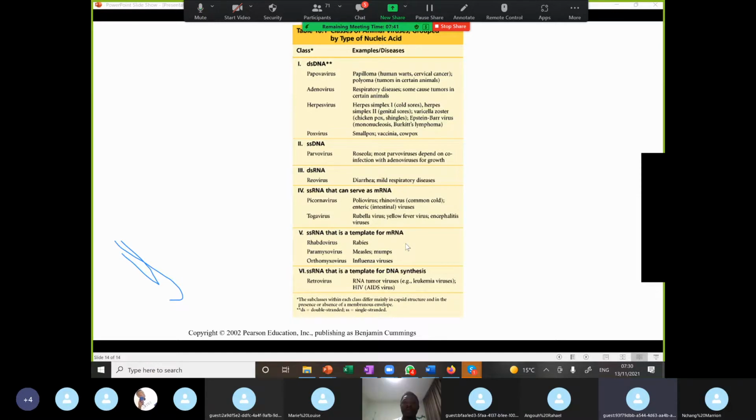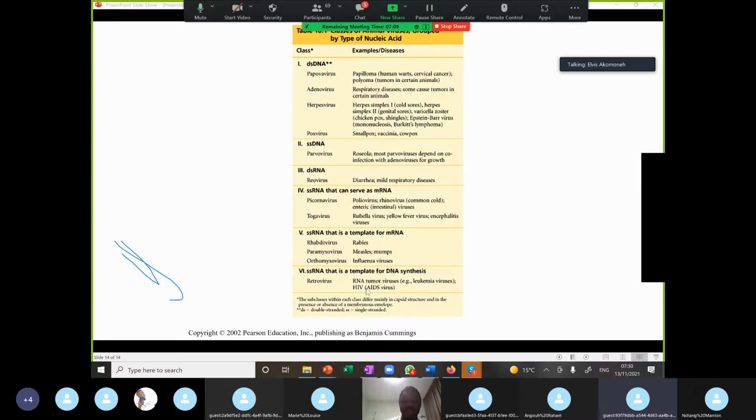So in this category, the viral RNA does not serve directly as a messenger RNA, but it serves as a template to use the host enzymatic machinery to synthesize a messenger RNA from it. So again, you have examples here: the rabies virus, measles virus, mumps virus, influenza virus, and other orthomyxoviruses.